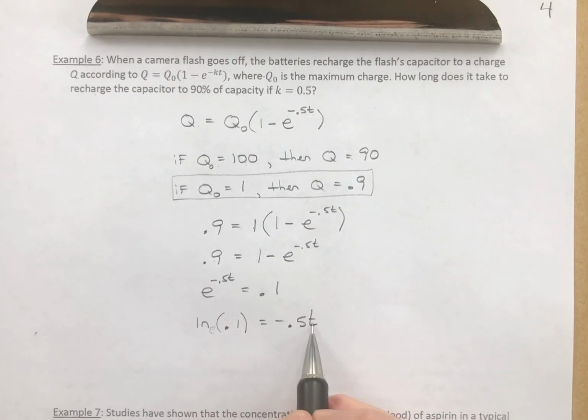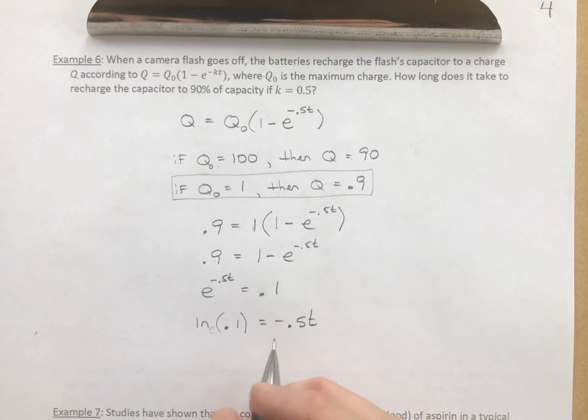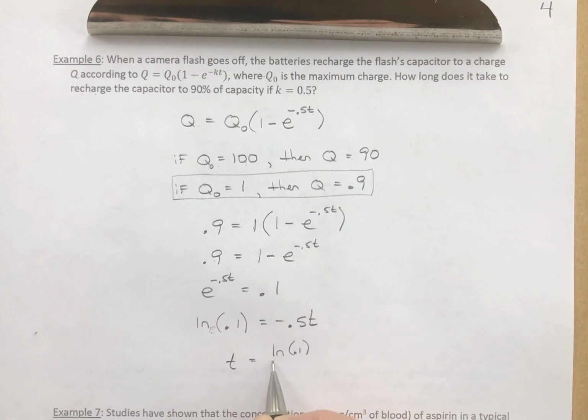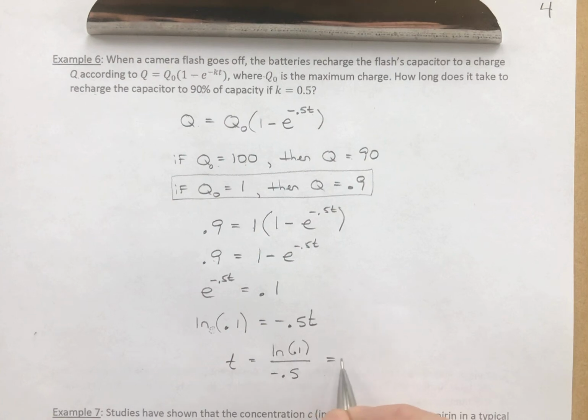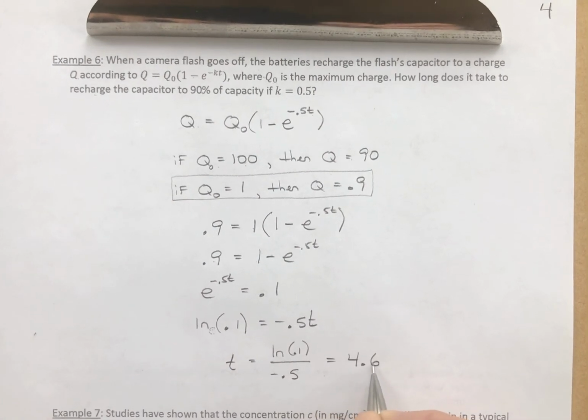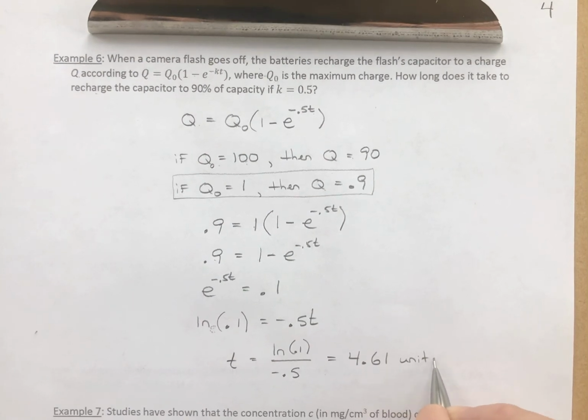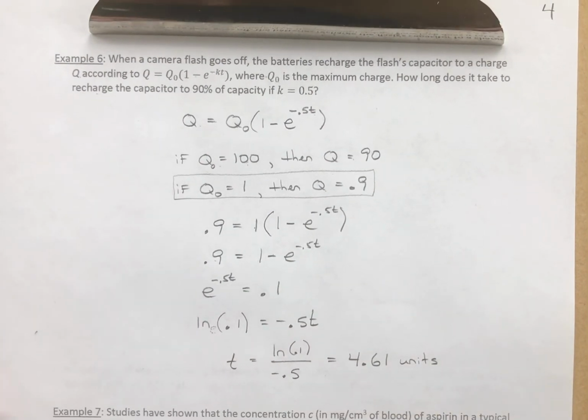I've got to solve for t, so I'll divide both sides by negative 0.5. t is equal to the natural log of 0.1 divided by negative 0.5, and that comes out to be approximately 4.61. I don't see units, so I'll just write the word units. There you have it. There's that one solved algebraically.